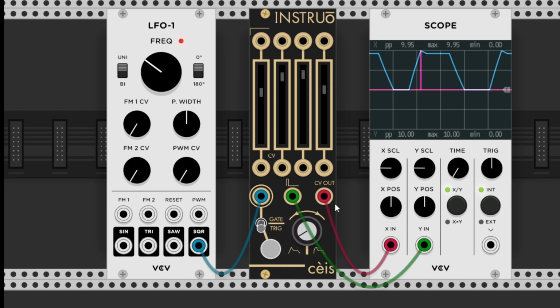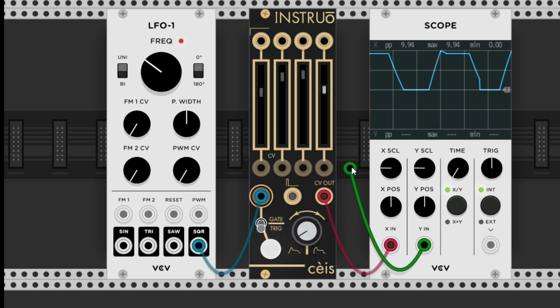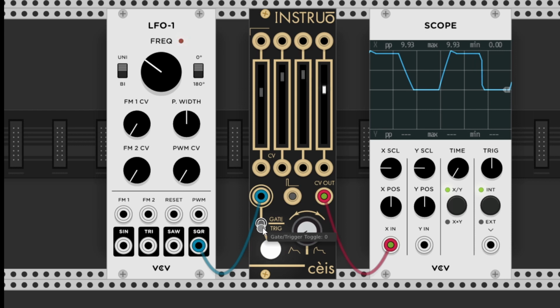All right, what else is important and interesting to know? Yes, of course, the different modes, trigger mode or gate mode. Let's look at trigger mode first.